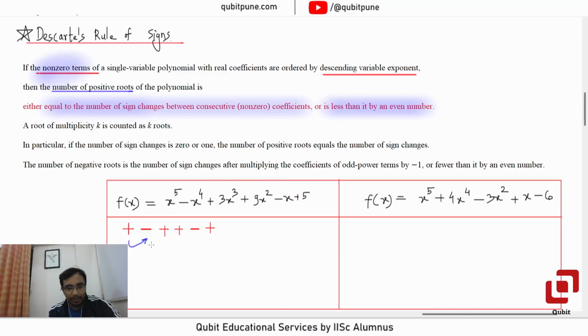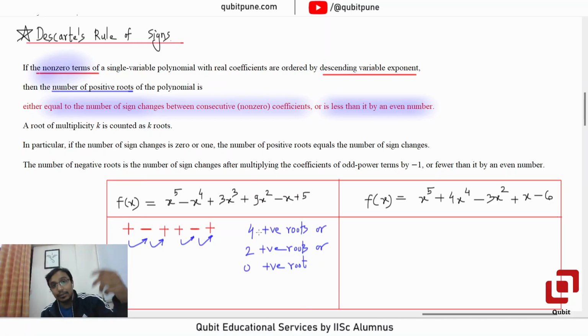Positive to negative 1, negative to positive 2, positive to positive no, positive to negative 3, negative to positive 4. So this has 4 positive roots, or 2 positive roots, or no positive root at all. I'm not saying 4 is a positive root, it is the number of roots.